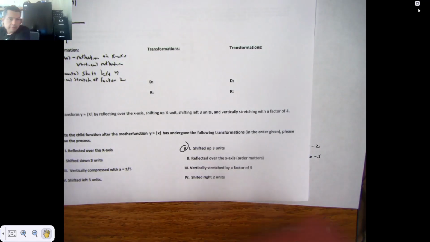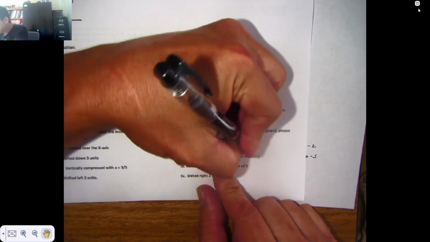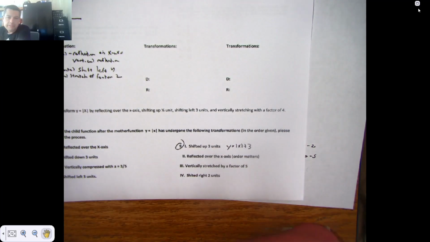The child function after the mother function y equals absolute value of x is undergoing the following transformations in the order given, and it says please show the process. So if I shift up 3 units, I'm just going to add 3. Now reflecting over the x-axis, because of the order, is actually going to negate everything.